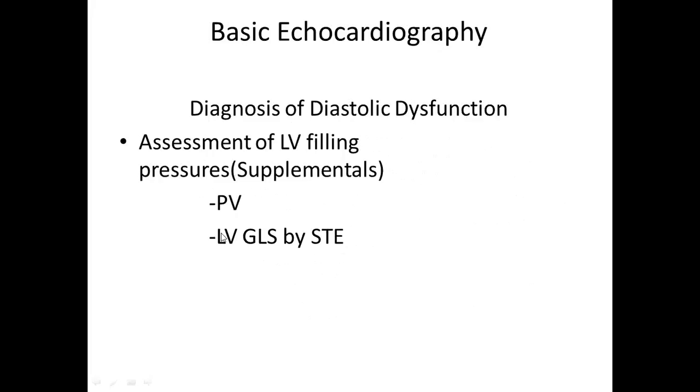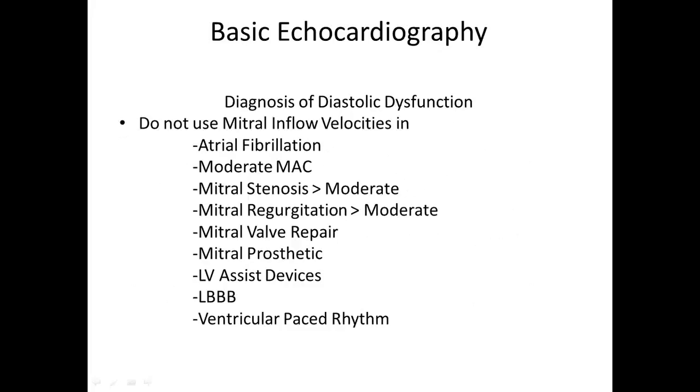And you can also use the LV global longitudinal strain, the global longitudinal strain using speckle tracking echo. So these are supplemental things that you can use to show that there's elevated filling pressures. All right.